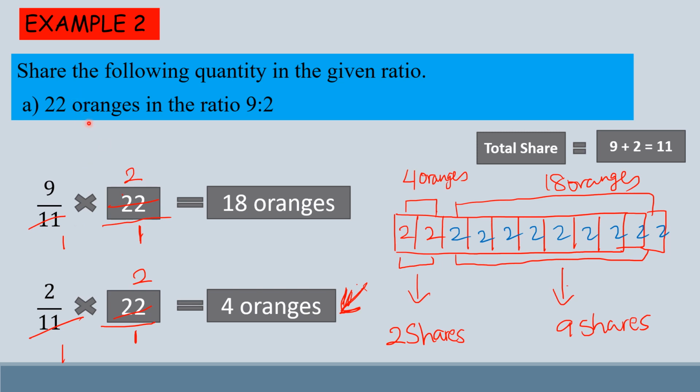And the total shares was 11. So 2 shares equals 4 oranges, so that means 1 share is equal to 2 oranges. Okay, so that's just a way of checking your work to make sure that you are correct.